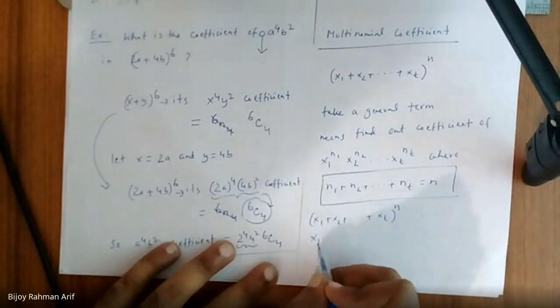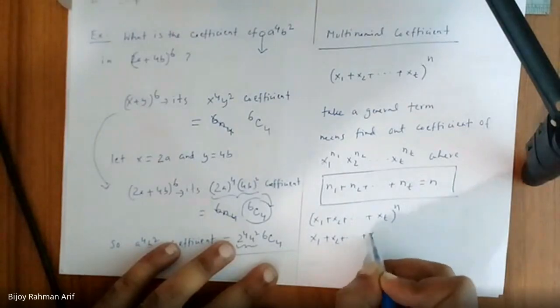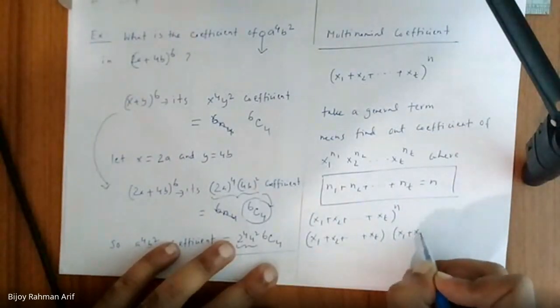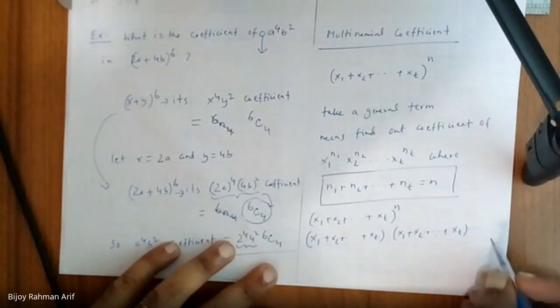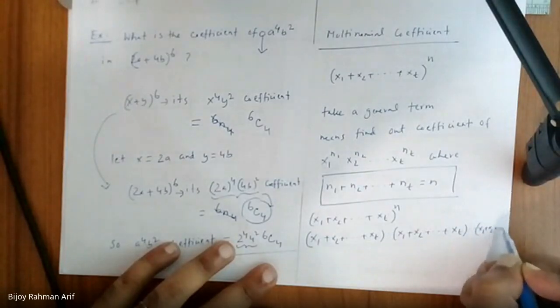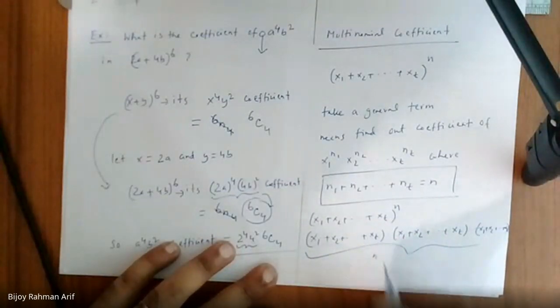This is nothing but (x1 + x2 + dot dot dot + xt), then again multiplied with (x1 + x2 + dot dot dot + xt). This way, how many factors would there be? n. Good. So n factors.